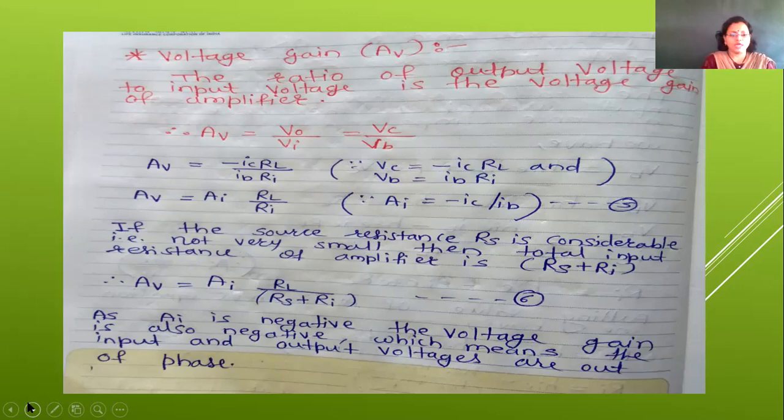So therefore AV is equal to AI into RL upon, now instead of RI we can put RS plus RI. Call it as equation number 6.